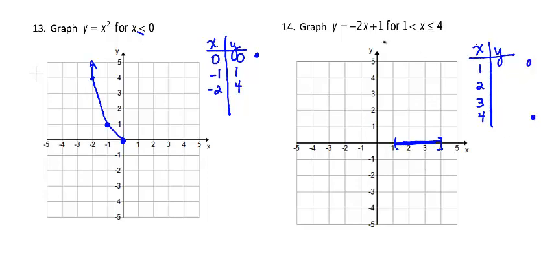When I replace x with 1 in the function, negative 2 times 1 is negative 2, plus 1 is negative 1. If I replace x with 2, I get negative 4 plus 1 is negative 3. When I replace x with 3, we get negative 6 plus 1 is negative 5. And when x is replaced with 4, we get negative 8 plus 1, which is negative 7.